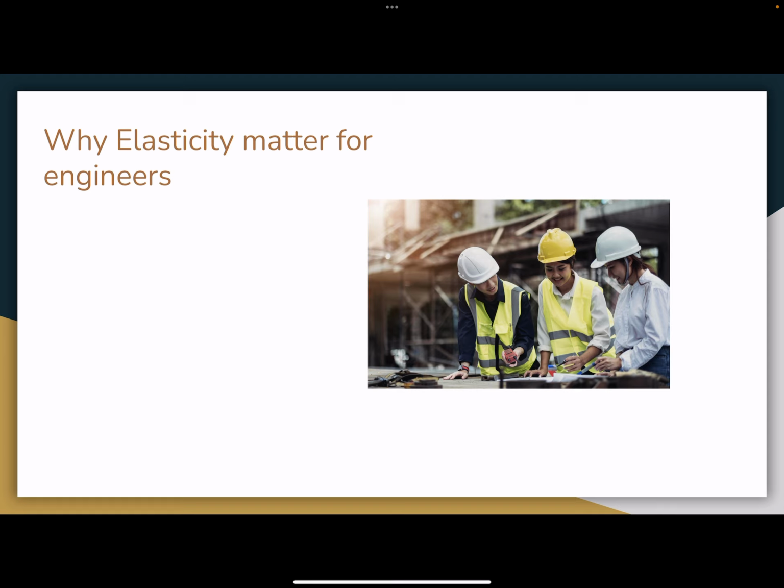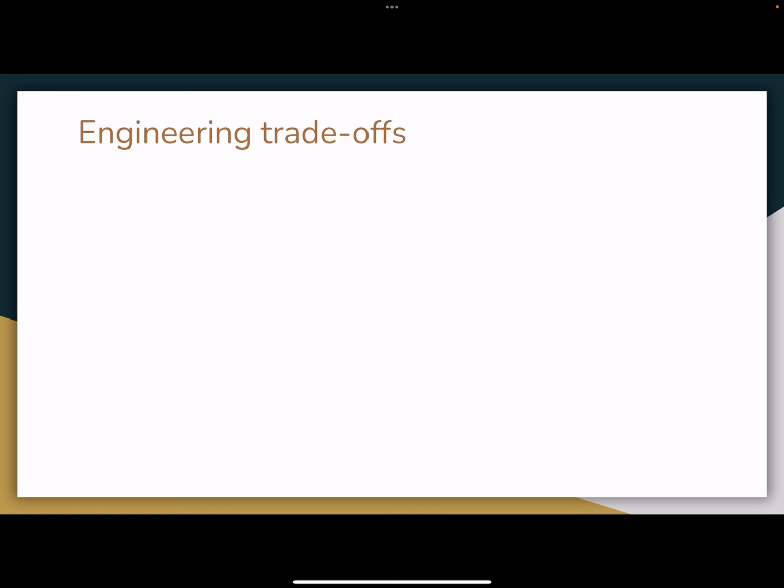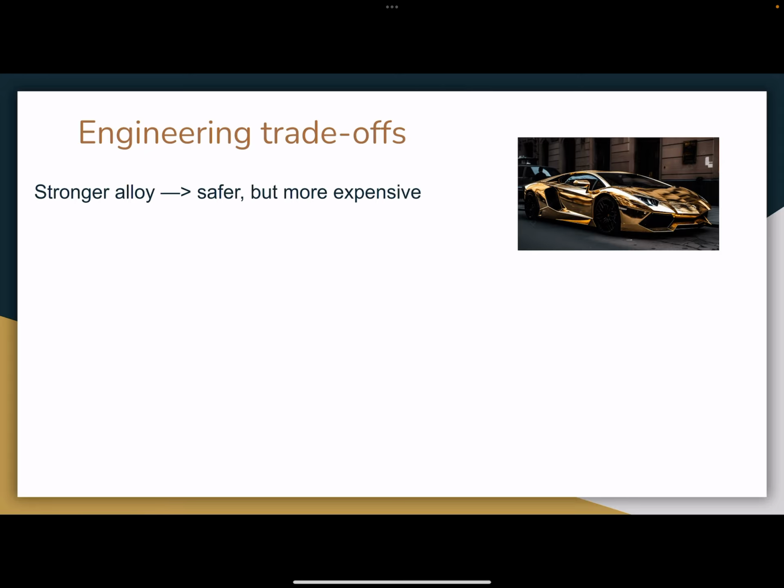So why do we, as engineers, have to know about this? Why does elasticity matter for engineers? Well, that's because engineers make decisions on how much the item will cost, how good its performance would be, what kind of materials would go inside, and what kind of features the product will have. As engineers, there will be trade-offs between performance and cost. If we want to make a car using stronger materials, that will make it safer but also more expensive.